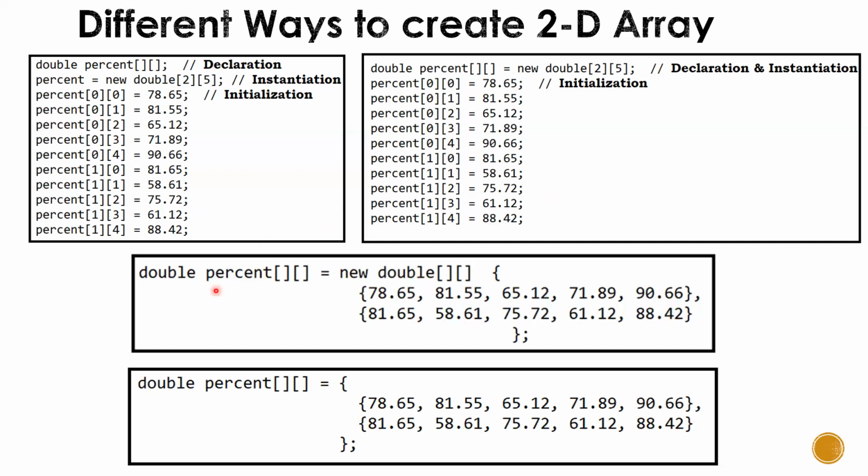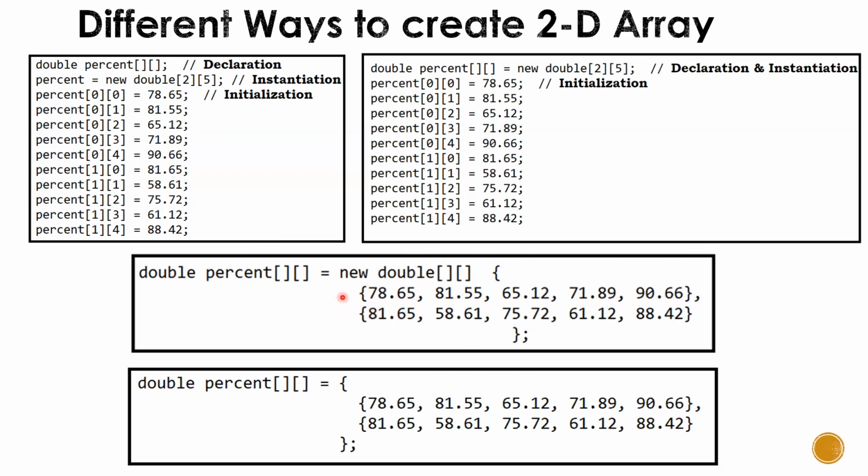In the third option, the declaration, instantiation, and initialization are happening in one line. Here, we are not providing a row size and a column size. It will be automatically identified based on the values which we provide during initialization. Here, we have 2 curly brackets.